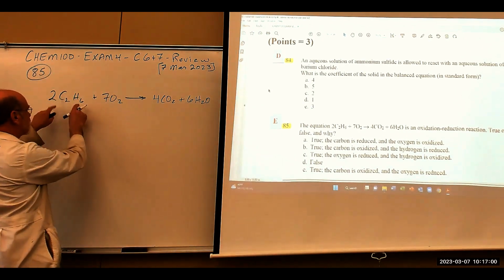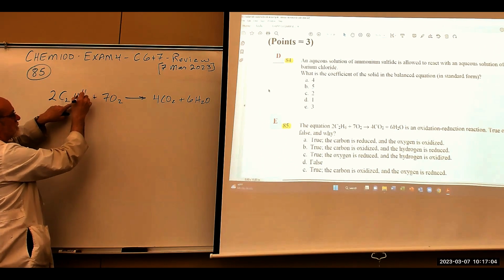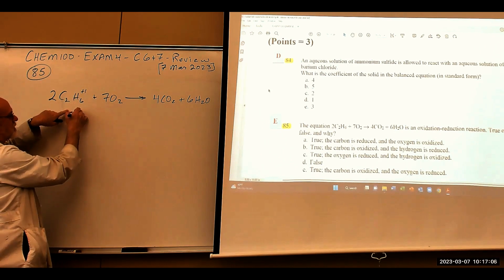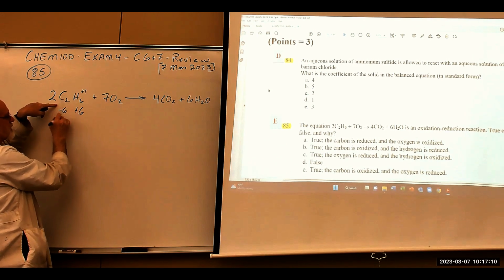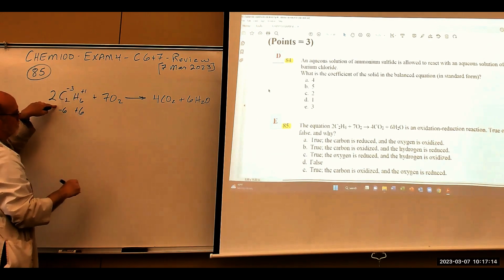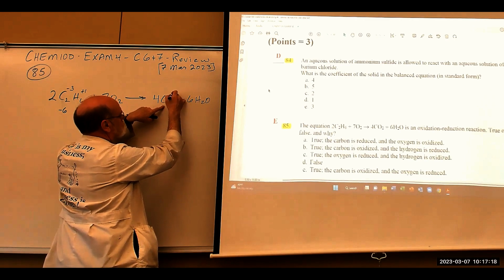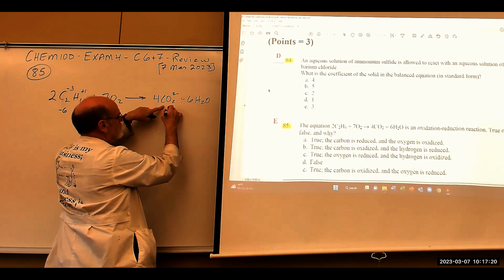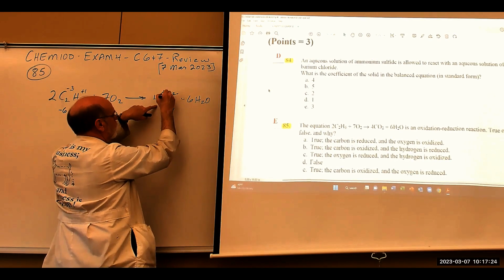What's carbon on this side? Well, hydrogens are +1 oxidation state, which means +6 total, and that means we need a -6 here, but we have 2 carbons, so each one is -3. On this side, oxygen is a 2- oxidation state, so it's -4 total, which means carbon has to be +4.